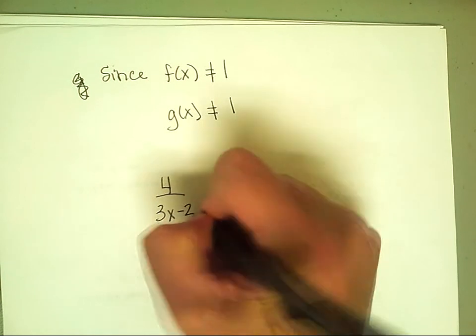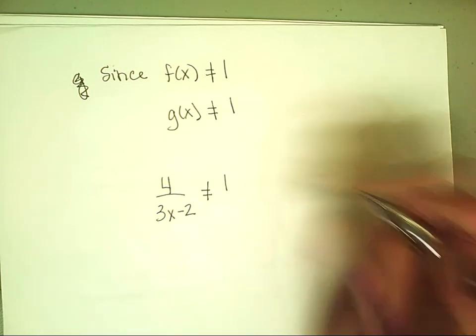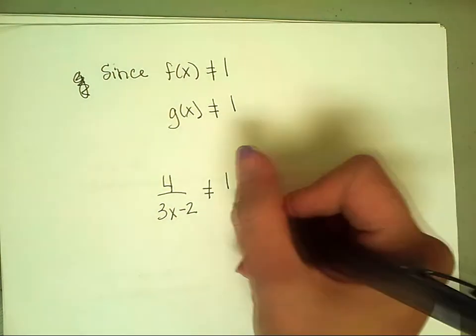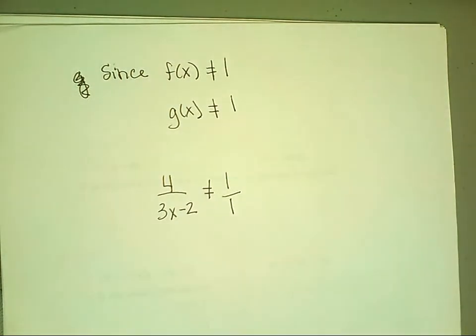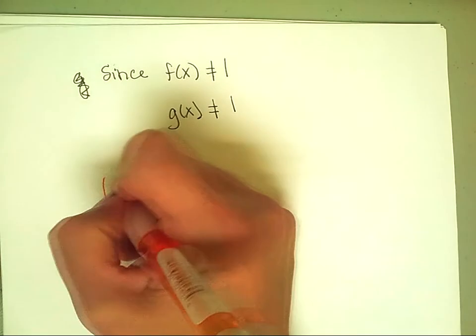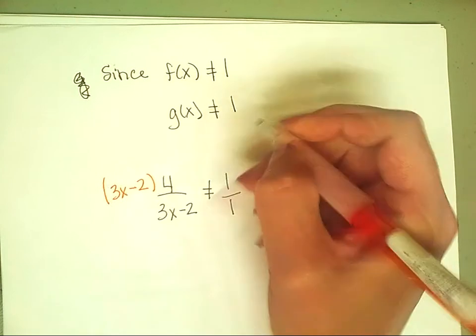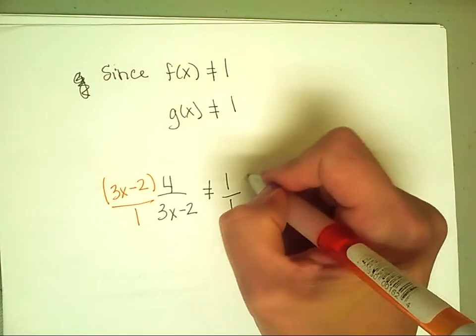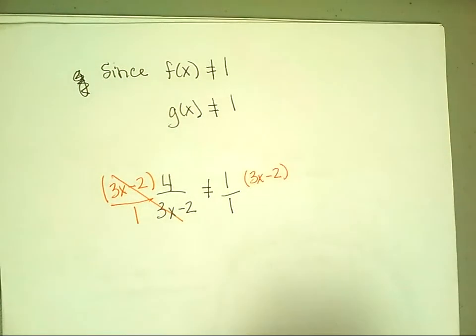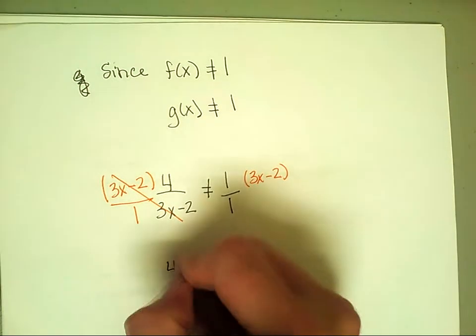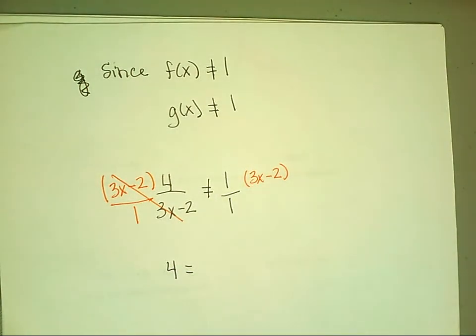So let's solve that. G of x is 4 over 3x minus 2, and that cannot equal 1. Remember, that's like over 1 if you want to think about it that way. You don't necessarily need to. Let's multiply both sides by 3x minus 2. So these will cancel.